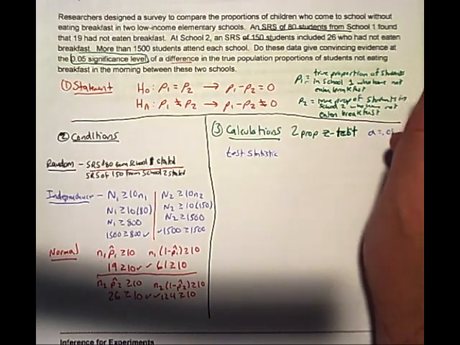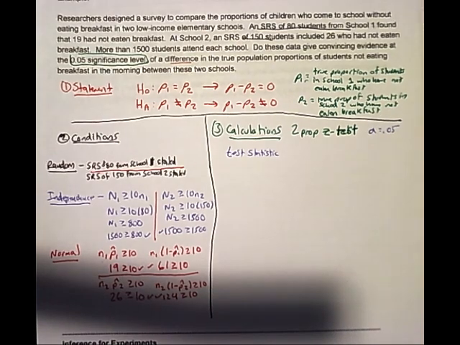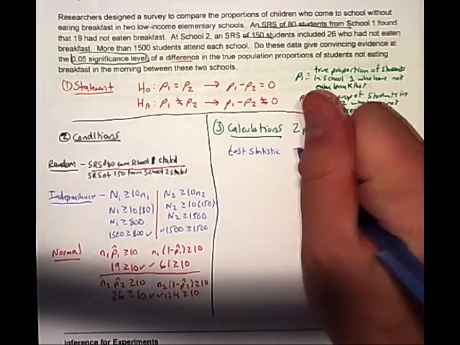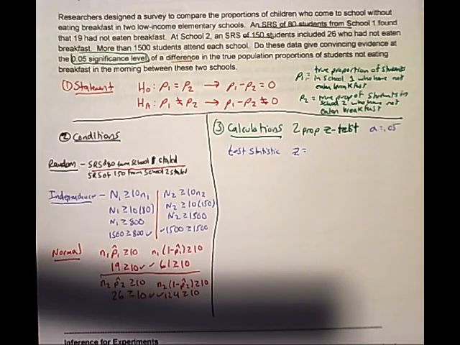Our alpha was told to be 0.05. Z is going to equal the statistic.